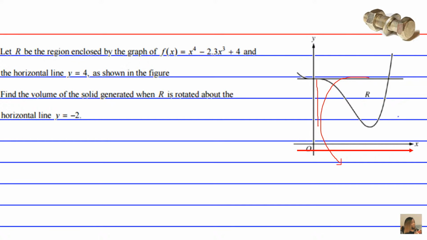And for those of you who don't know what a washer is, basically it's that metal ring that you see on the screw. This thing right here.